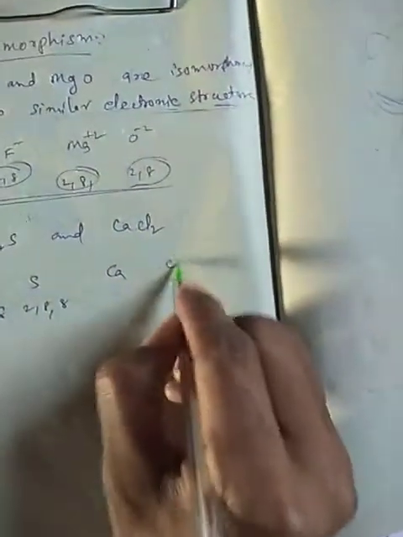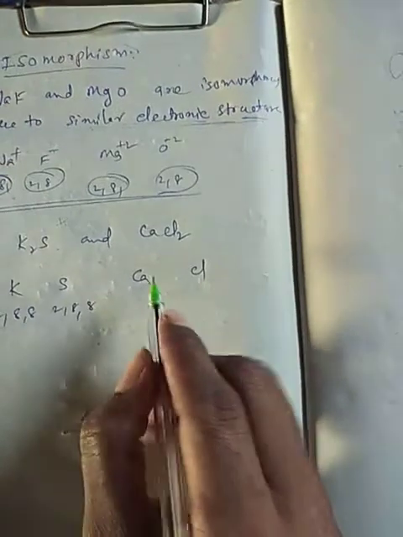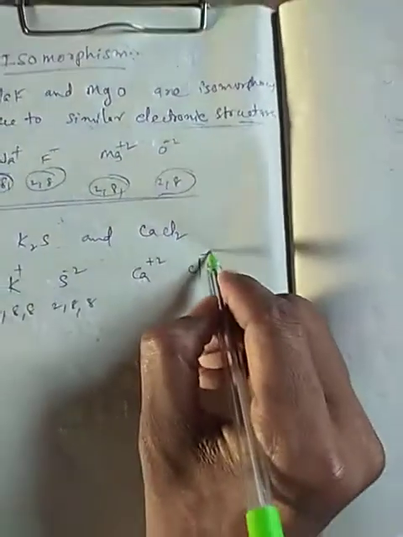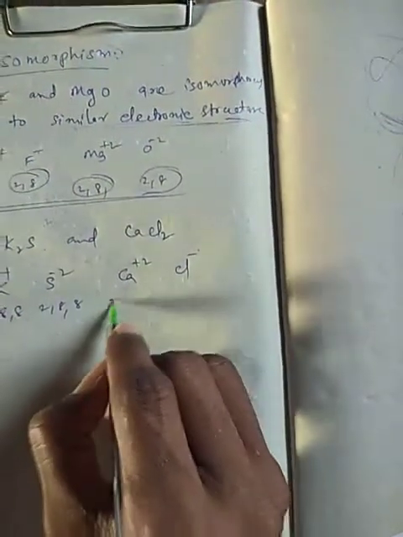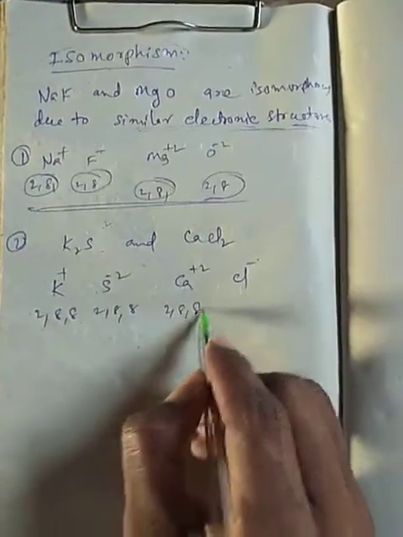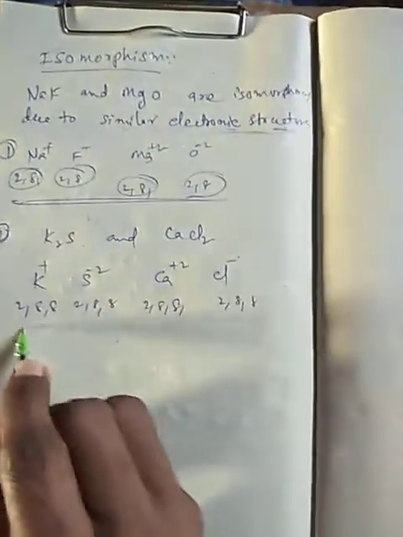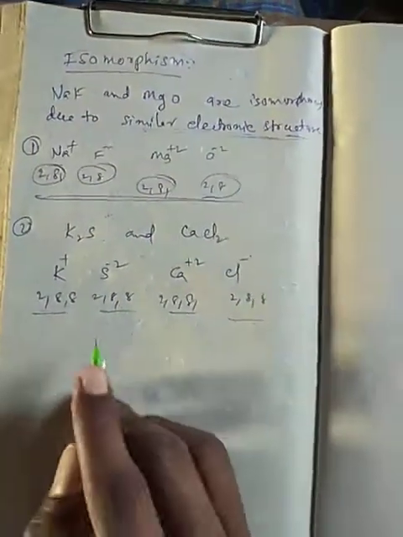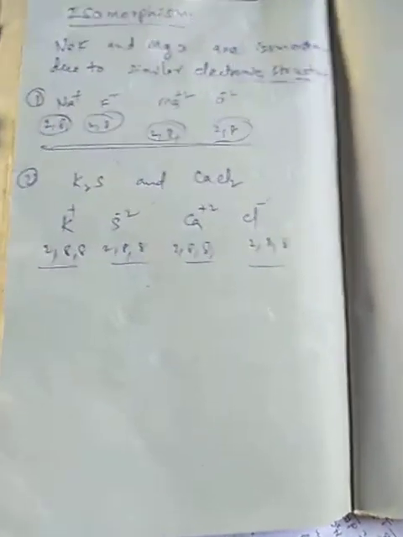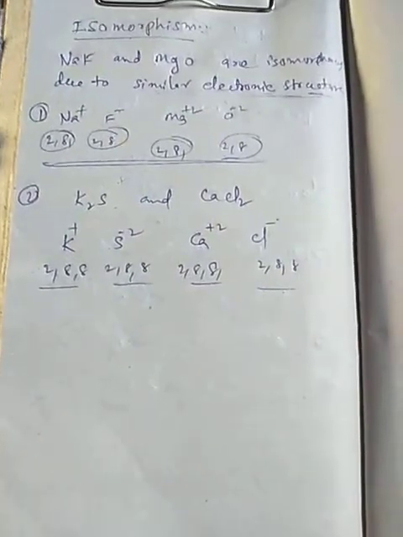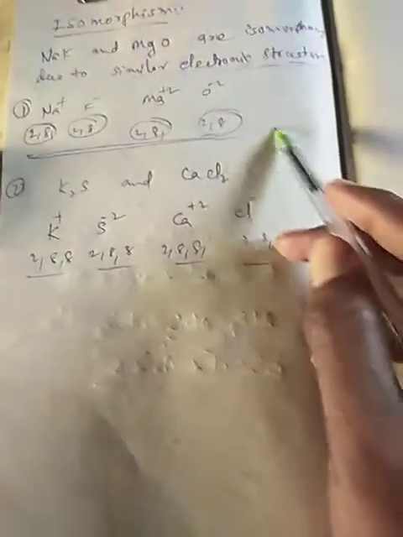Now Ca2+ and Cl-, it is also 2,8,8 and 2,8,8. They also have similar electronic structures, and this is called isomorphism. These two examples are also very important.